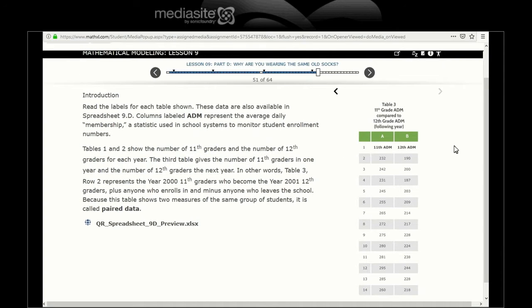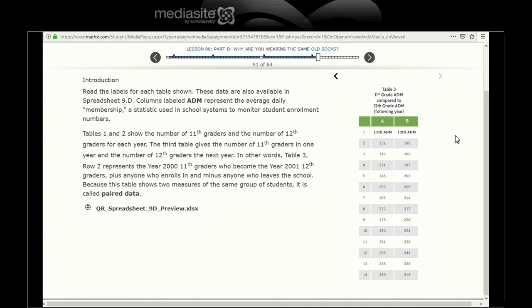Now the next table is a comparison of the 11th grade average daily membership compared to the following year's 12th grade. So in table 3, row 2, we have the year 2000 11th grade enrollment and the year 2001 12th grade enrollment.